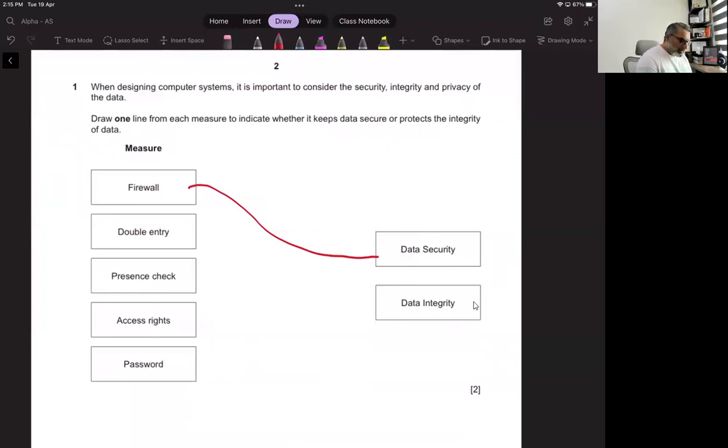A double entry is verification. So data integrity is verification and validation.